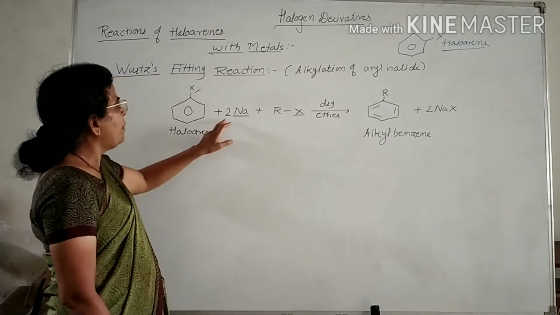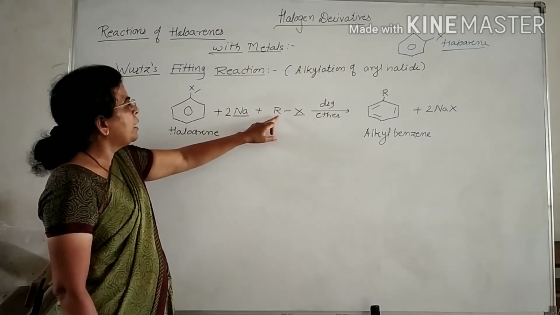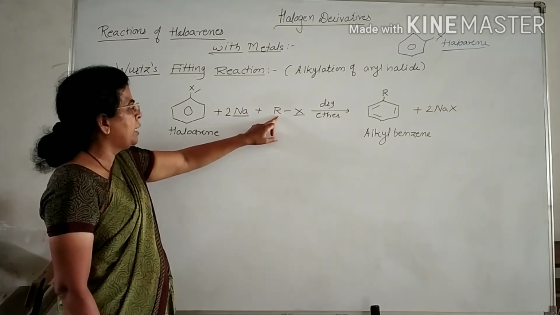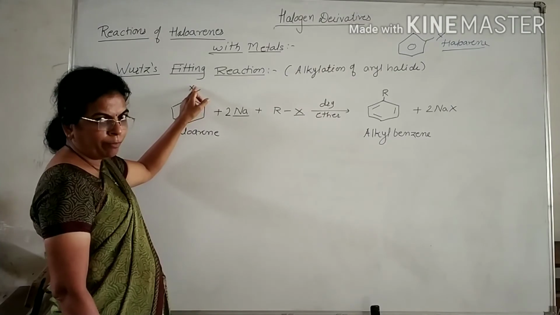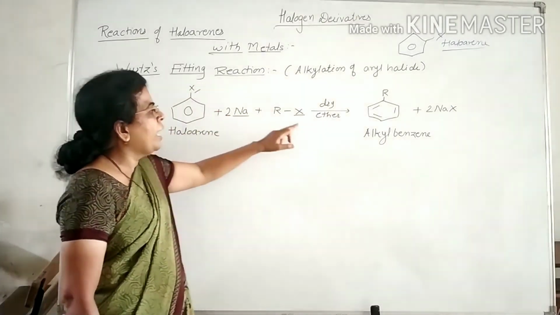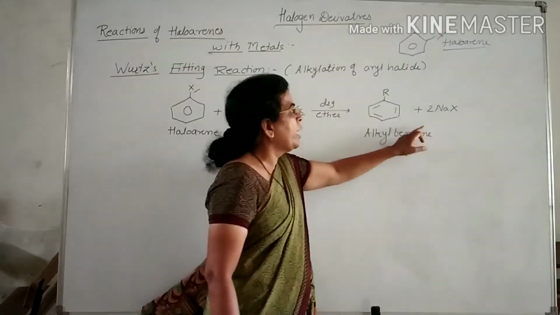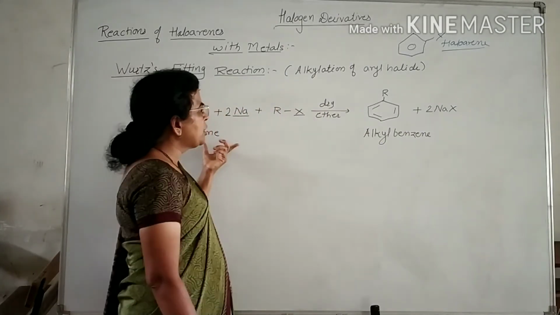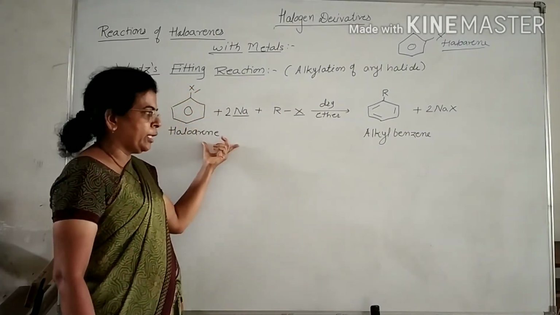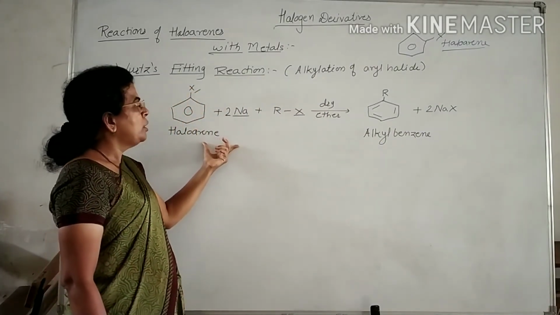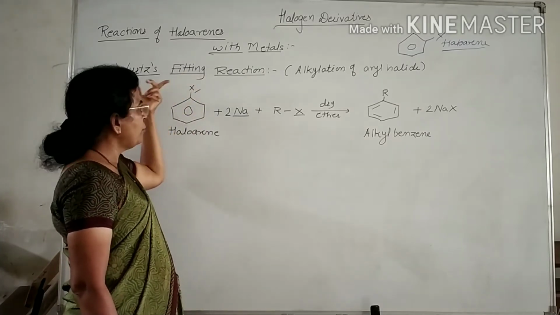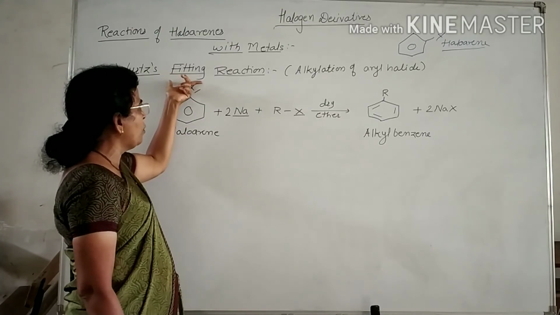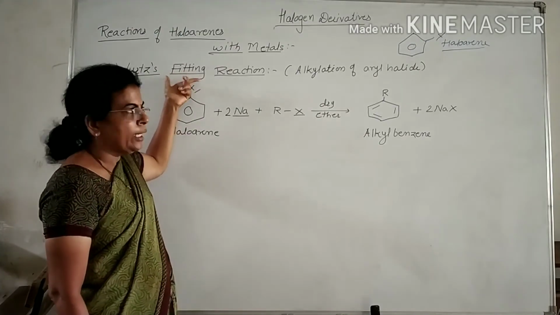When coupling takes place, the alkyl group of the alkyl halide is substituted for the halogen atom of the benzene ring to form alkylbenzene plus 2NaX. This is the general reaction of the Wurtz-Fittig reaction. This reaction was shown by Fittig, and therefore it is commonly known as the Wurtz-Fittig reaction.